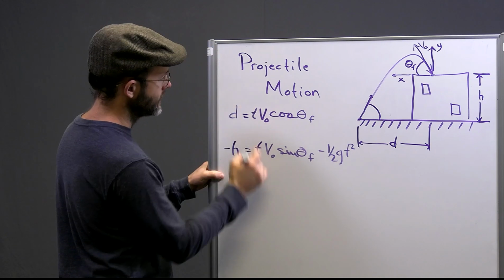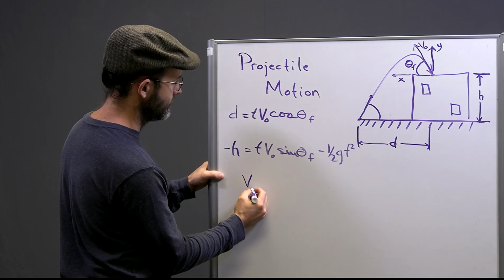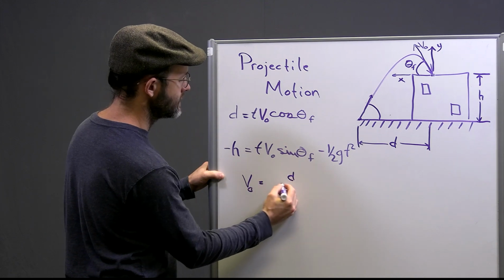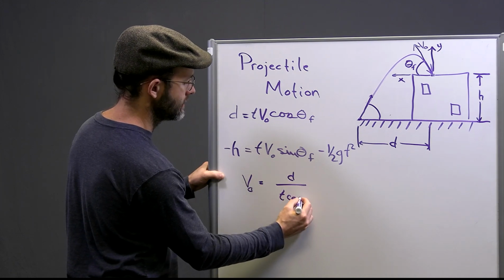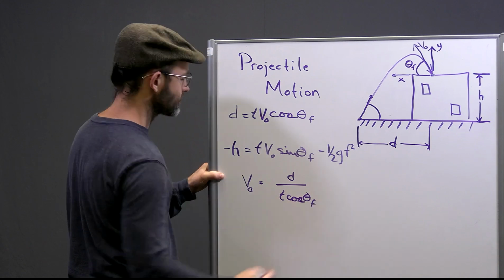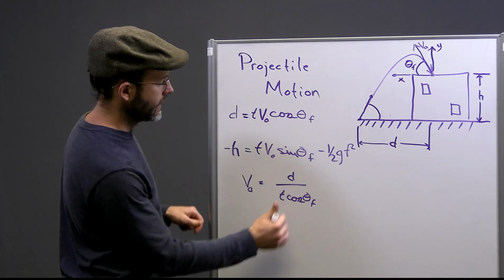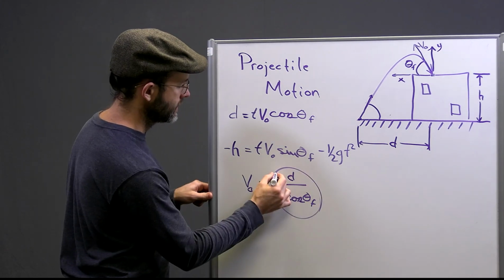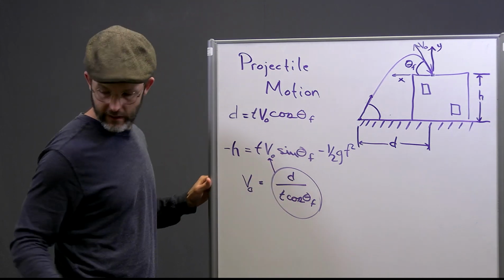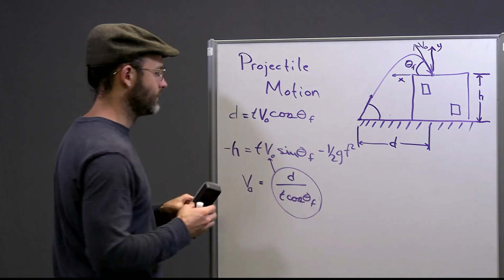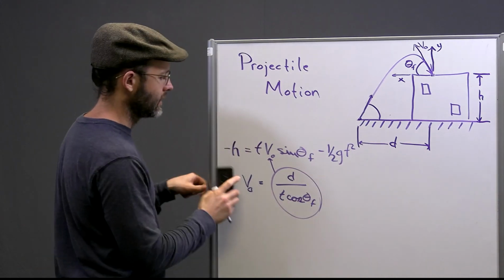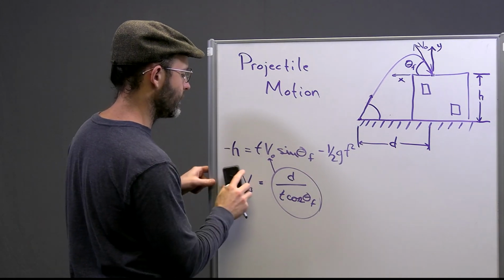Okay, so if I rearrange this, I get that v naught is equal to d over t cos theta f. That's good. Now I'm going to take this expression and replace v naught with it in this second equation. So let's see.